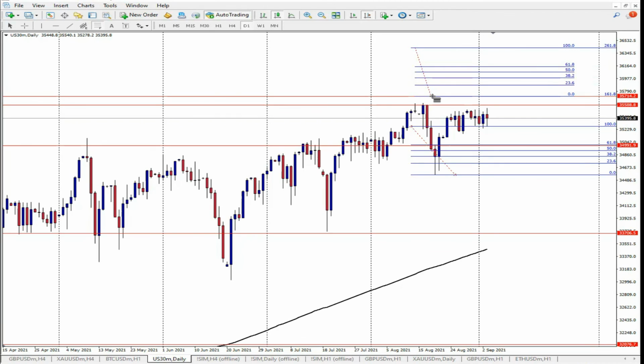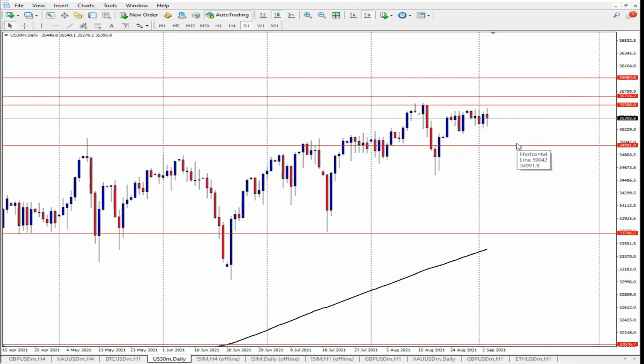And the next target would be, so this is it, the 38th area of this. So that is the 35,984 price level. That would be my ultimate target on the buys. So when price pushes through 35,800, we are expecting price to give us at least about 400 pips to the upside.